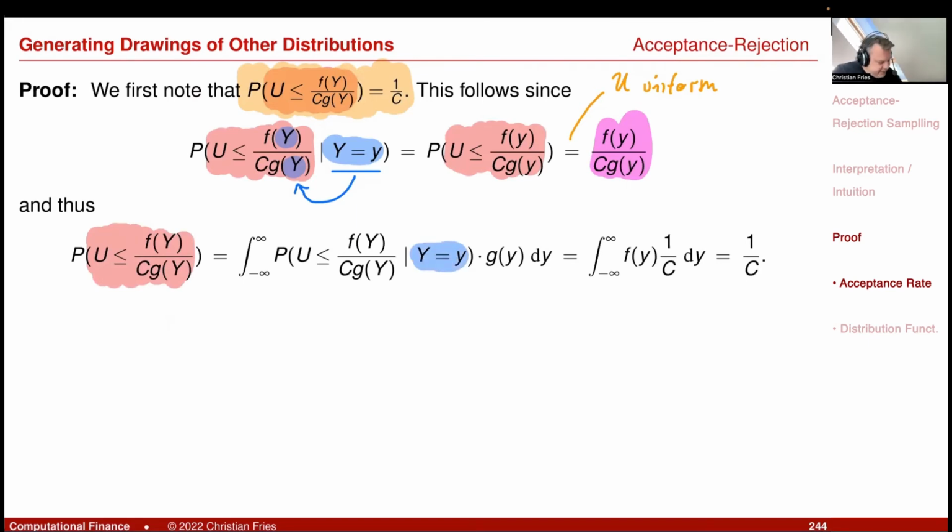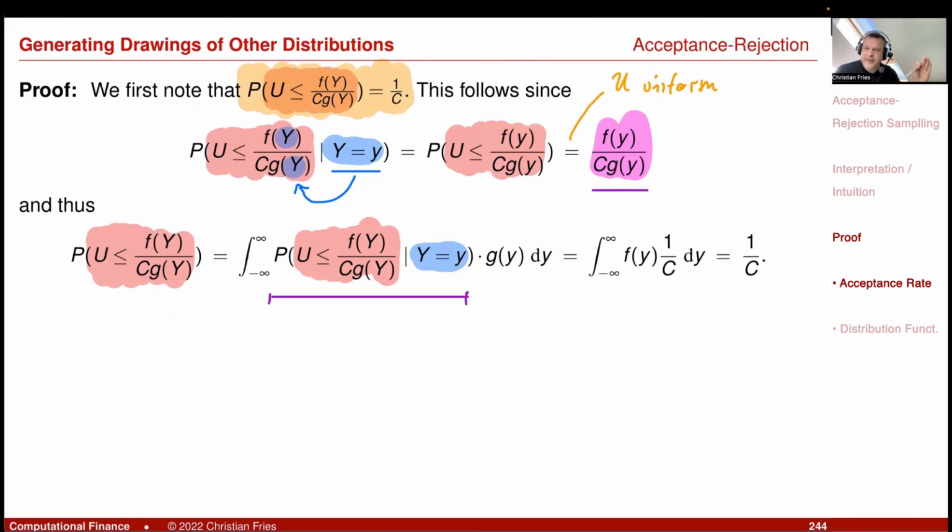Then I have the probability that u is below f(y) divided by c times g(y), under the condition that the capital Y is the little y. This is just what we have calculated. That's the probability for a specific y.